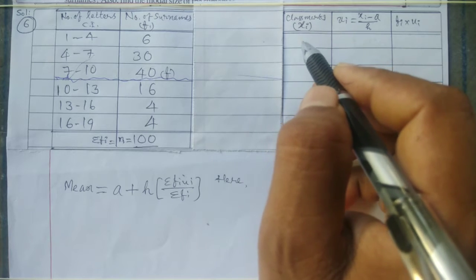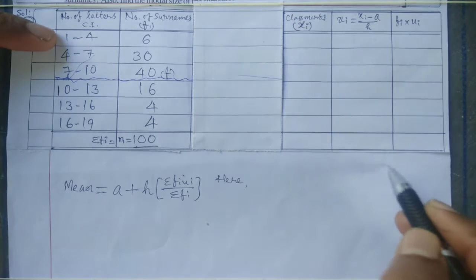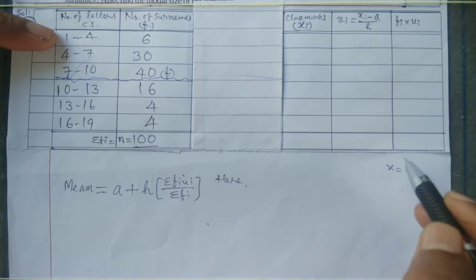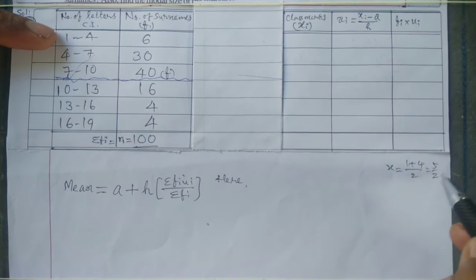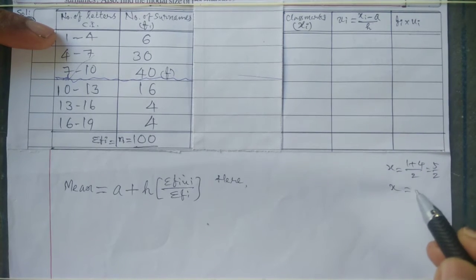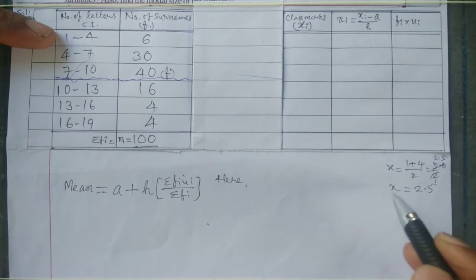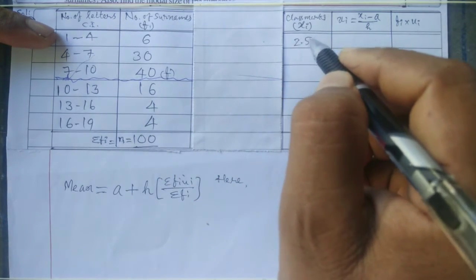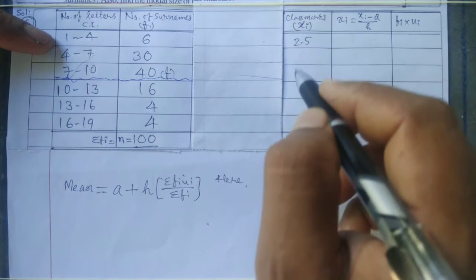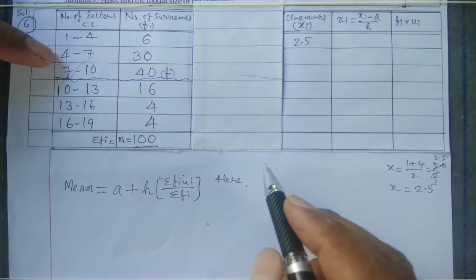Class marks. Class mark means the average of this class. X is equal to 1 plus 4 by 2, 5 by 2, X is equal to 2.5. So 2.5. Next class marks we can find basing the height of the class.